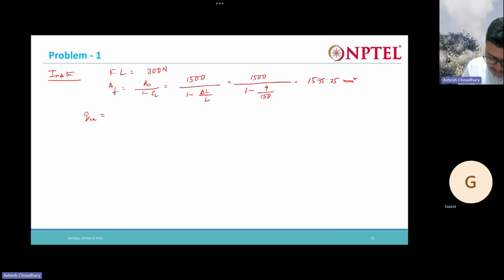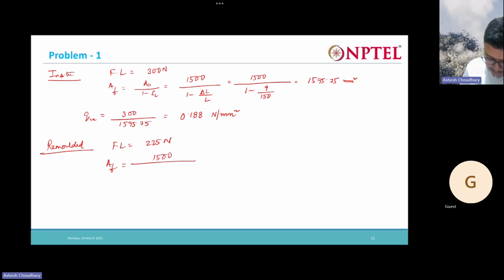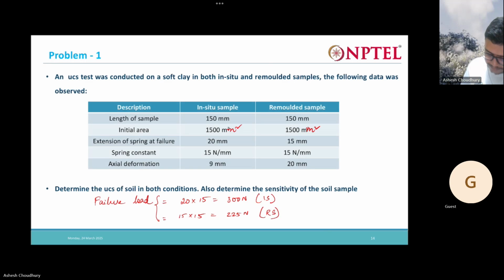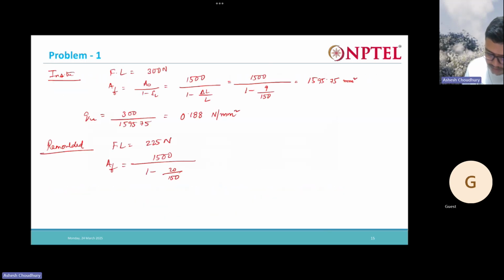So Q, the unconfined compressive strength, is 300 divided by the corrected area. Okay, this is for the in situ sample. Now for the remolded soil sample, we find the failure load and the corrected area. The axial deformation is 20 mm for the remolded sample.